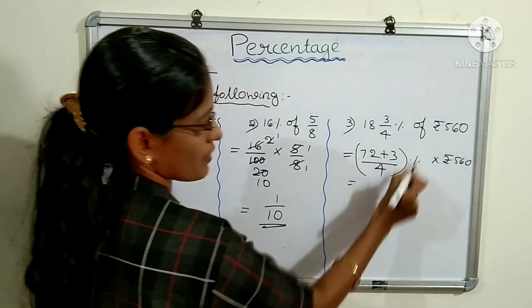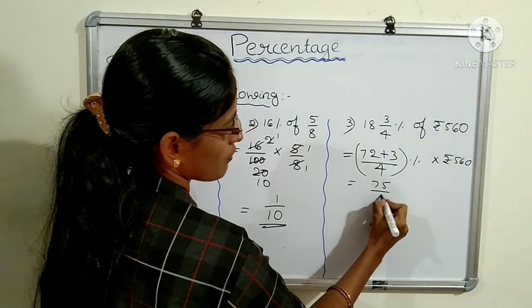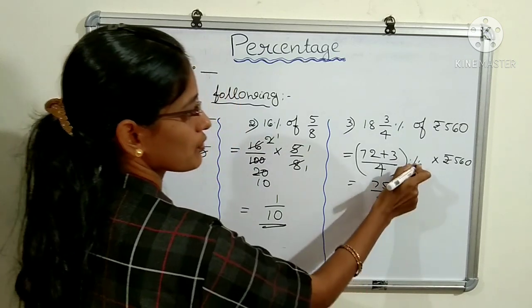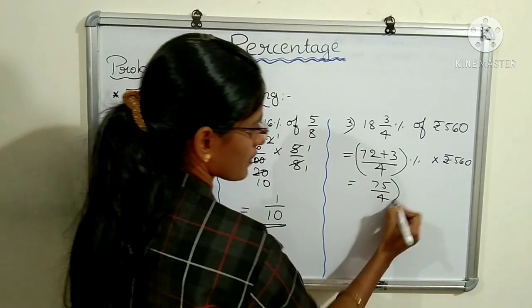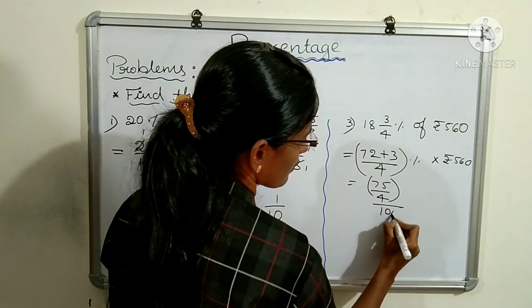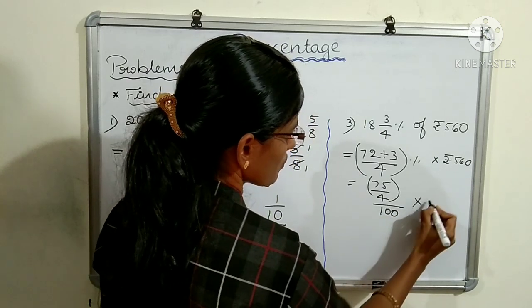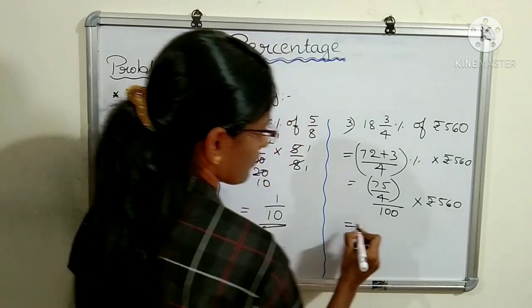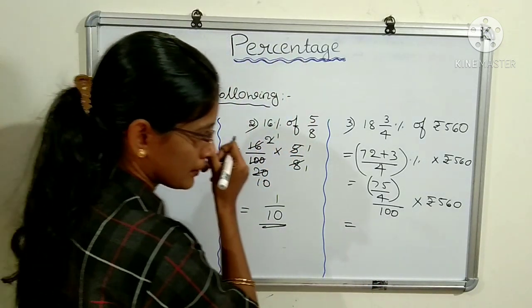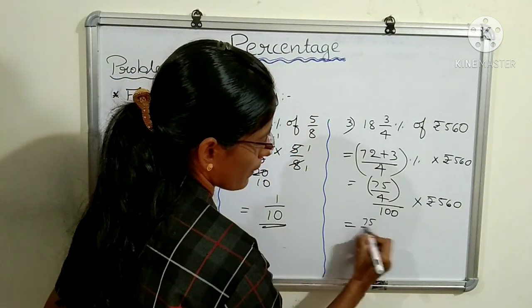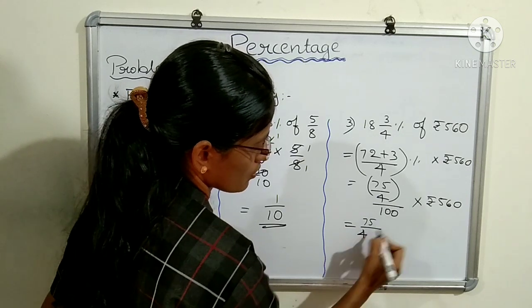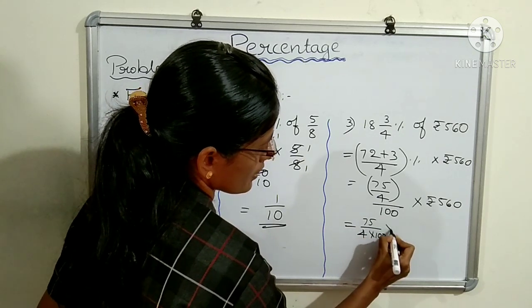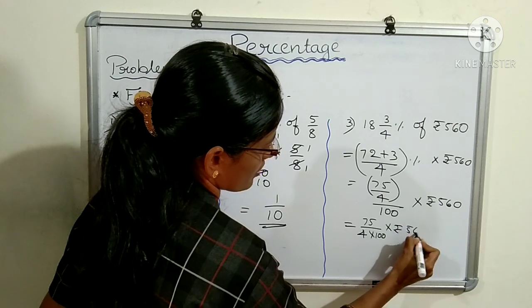You simplify this first. 75 by 4. Now you remove this percentage symbol by dividing 100, into rupees 560. Here 75 by 400. 4 into 100 into rupees 560.